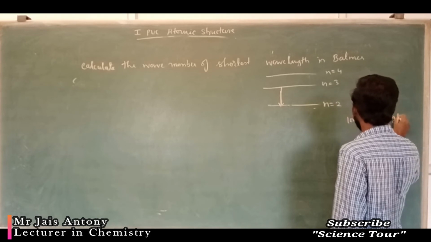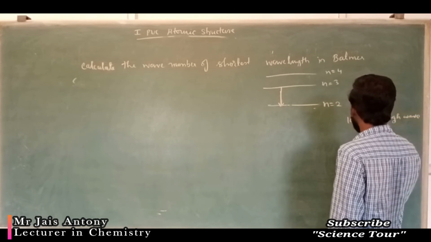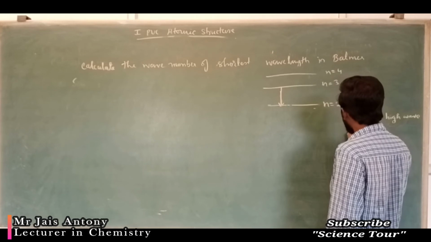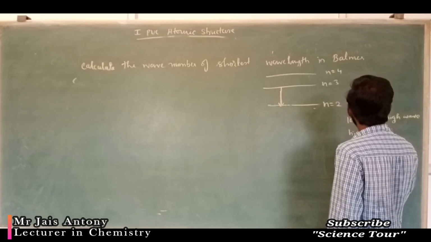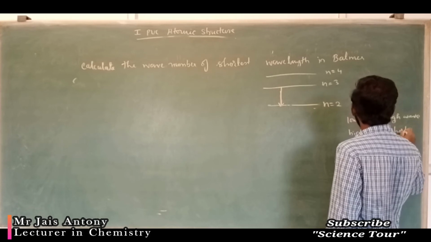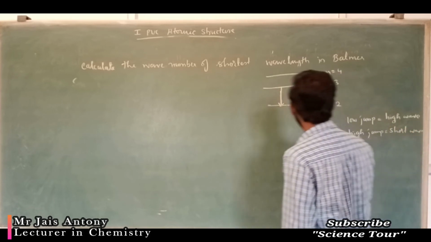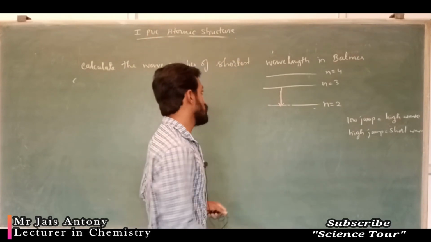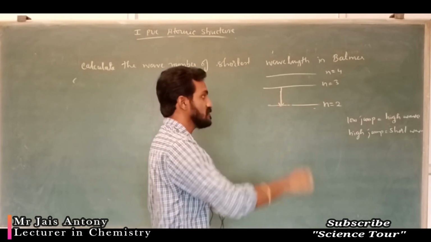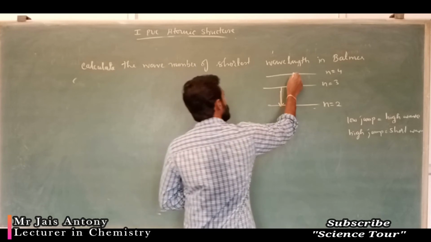High jump, short wave. So if you want a short wave, the jump should be from a higher energy level. First we discussed the longest wavelength. Now we want the high jump.